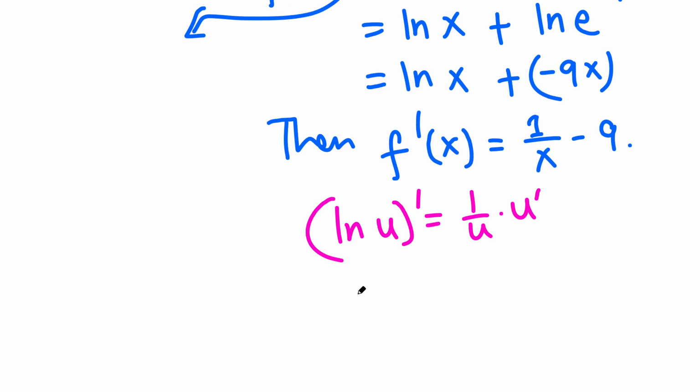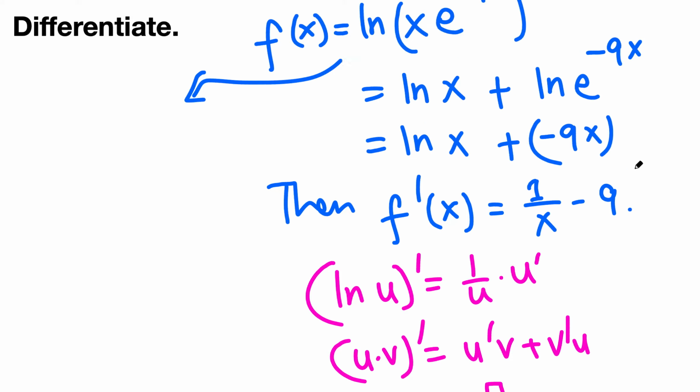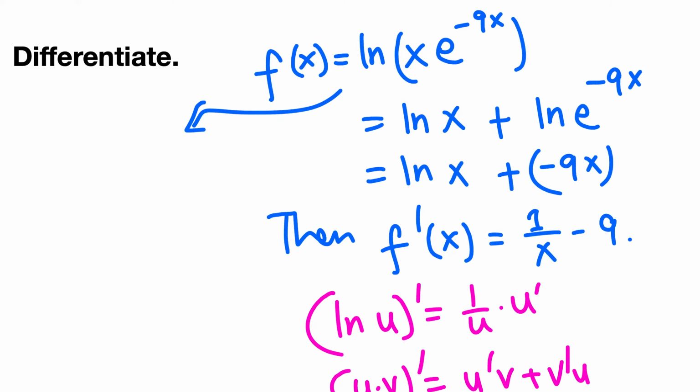And if we have a product u times v, the derivative is u prime v plus v prime u. We also know natural log of e raised to something is just that thing. So I'm using an alternative way; either way we need to get the same answer when we simplify fully.